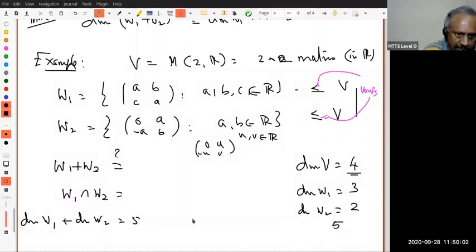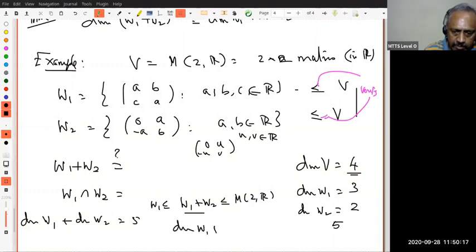But remember, W1 plus W2 is a vector subspace of M2(R). And it contains W1. Therefore, see, now you can see some kind of analysis. The dimension of W1 plus W2 has to be greater than or equal to 3, because this is a vector subspace containing W1, and the dimension of W1 is already 3.